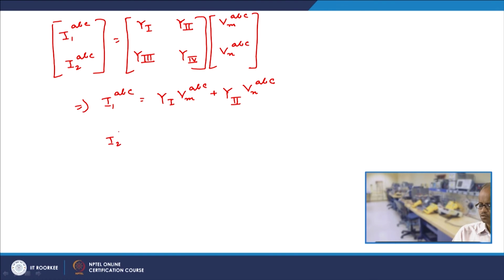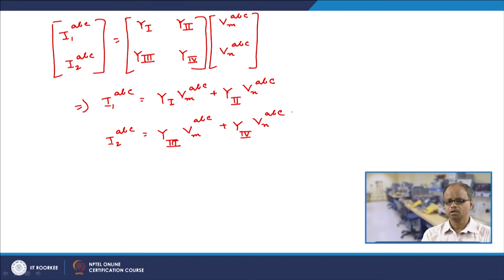Similarly, I2 ABC is equal to Y3 into Vm ABC plus Y4 into Vn ABC. So these are the guiding equations, or the modeling equations, for a transformer.